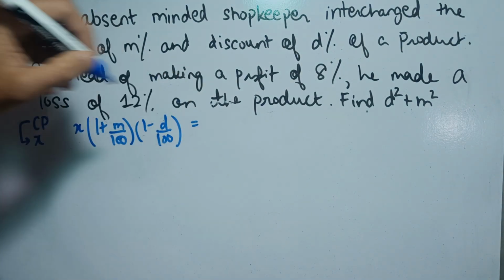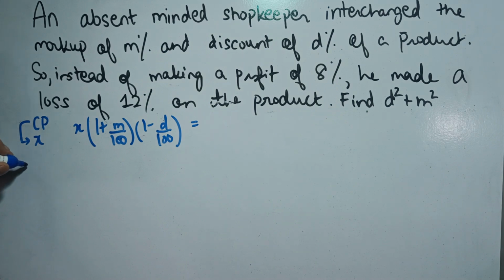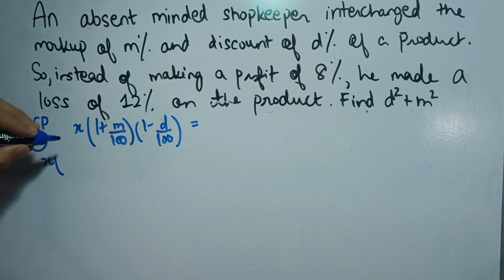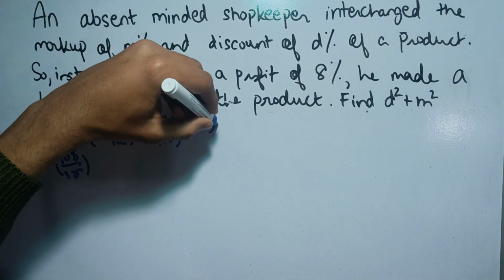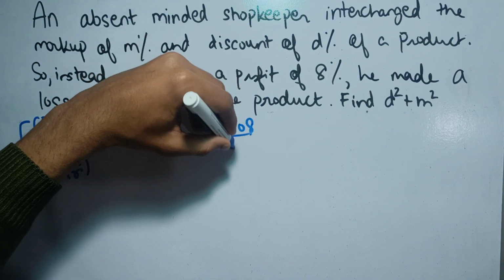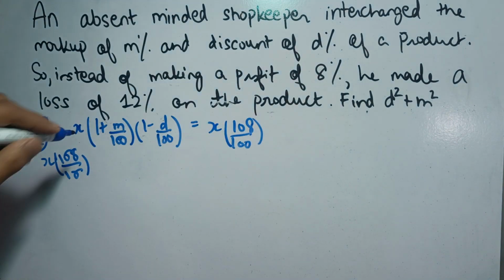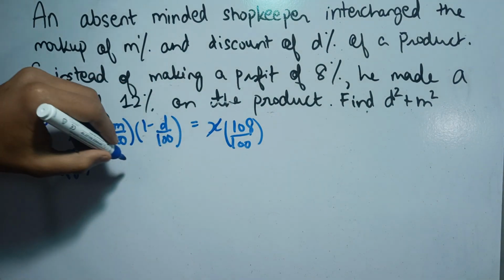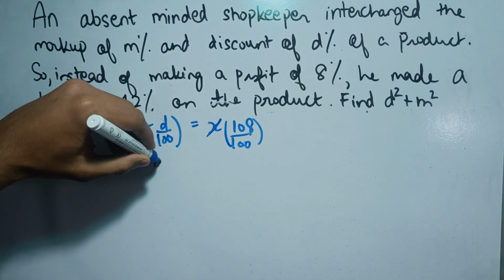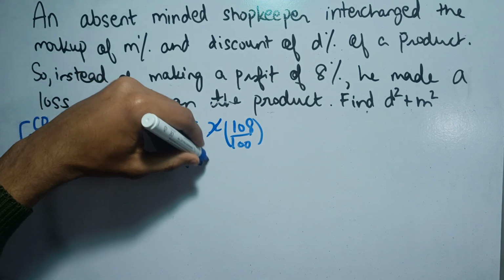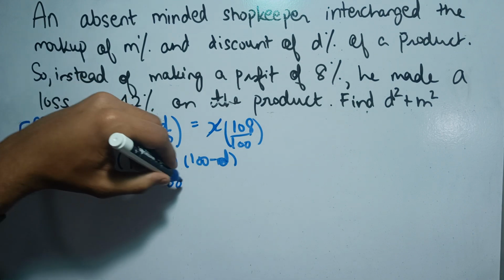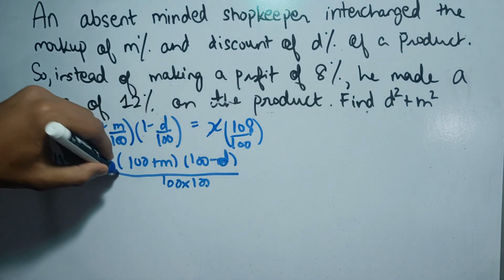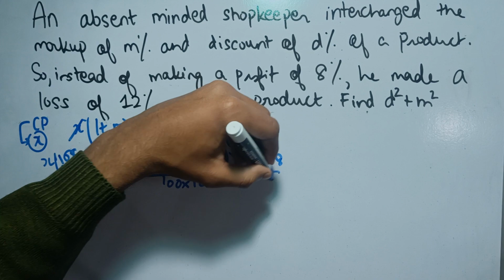A profit of 8% would come out to be, if X is the cost price, X into 108 upon 100. So X and X get cancelled out and we are left with 100 plus M, 100 minus D upon 100 into 100, equal to 108 upon 100.